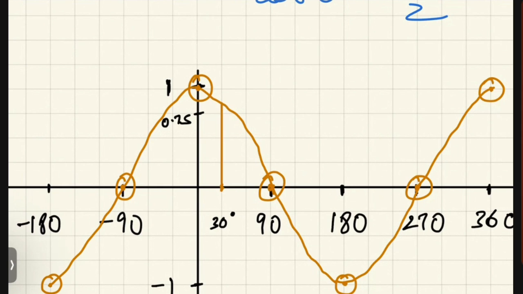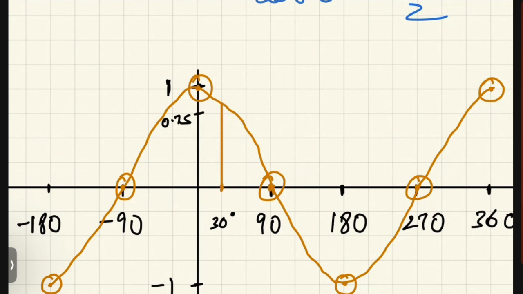How do you find the corresponding x value? You draw a line straight across until you meet the graph again. So you take the 30 degrees, you shoot up a perpendicular and you stop where your perpendicular meets the curve. And then from the curve, you drop another perpendicular.